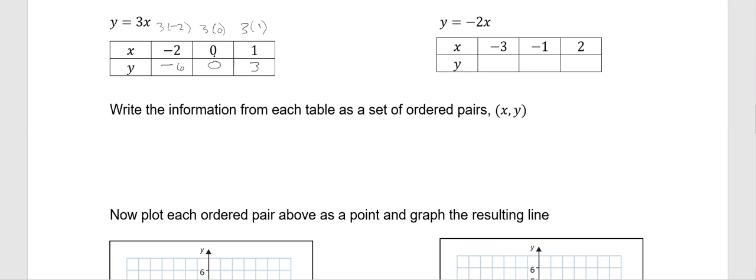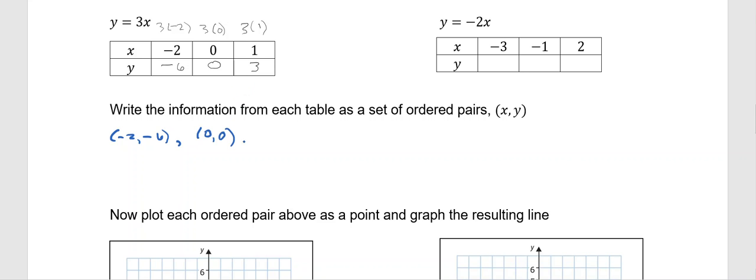So from there, as I mentioned, we can begin to create ordered pairs. And we know we have an x coordinate and a y coordinate, so there's no reason I can't take these two values in the table and create an ordered pair of -2, -6, create the next ordered pair, and with the value of 0 for x and 0 for y, create a second ordered pair.